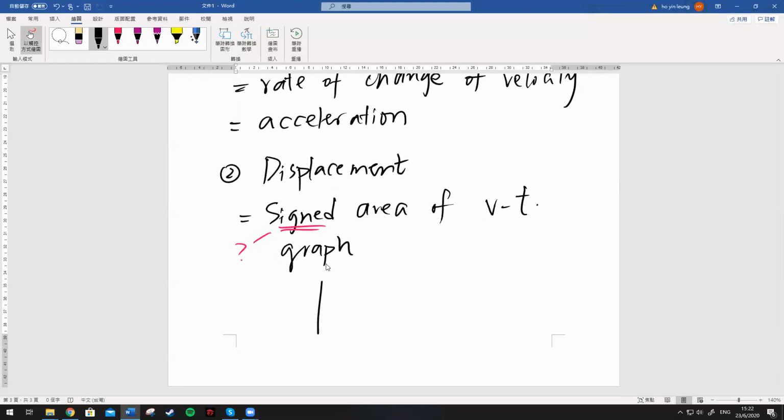For signed area, it means the following. For example, if you have a graph like this, the area here is above the x-axis, and this area gives us a positive displacement. So this is called a positive area.